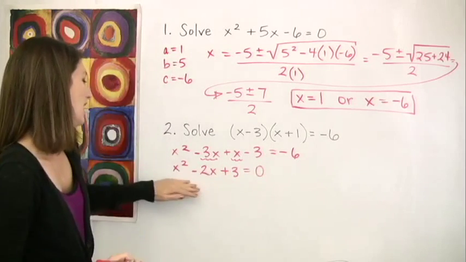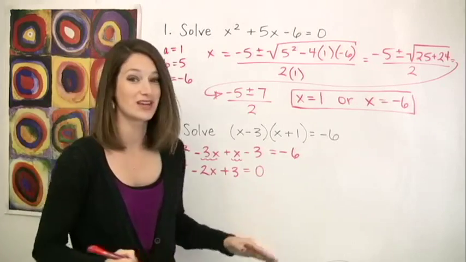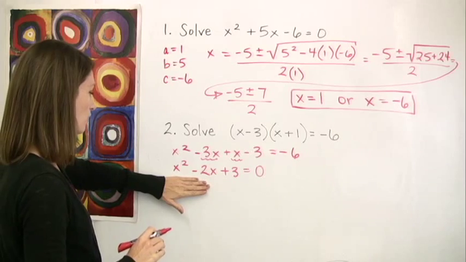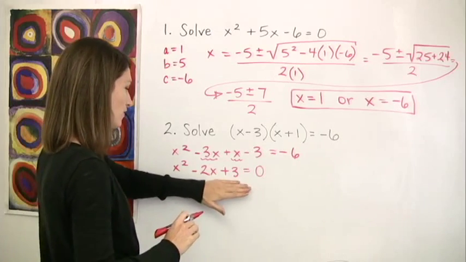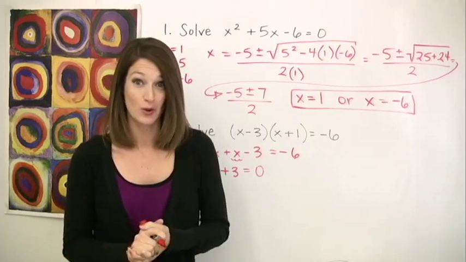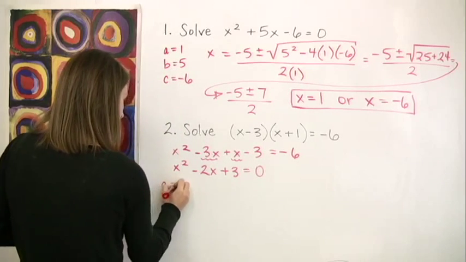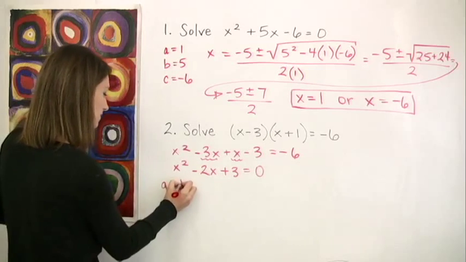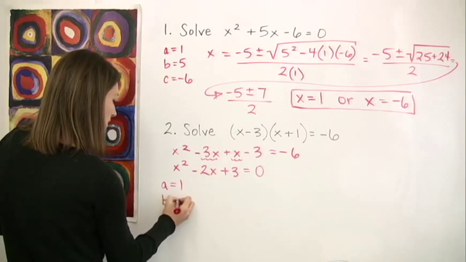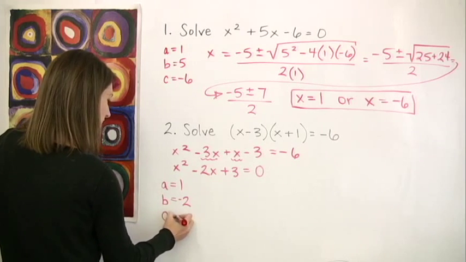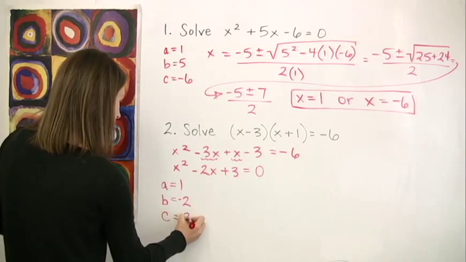Now as you see, x squared minus 2x plus 3 equals 0, that's standard form. So then we can find our coefficients a, b, and c for this equation and use the quadratic formula. So our a coefficient is equal to 1, b is negative 2, and c is 3.